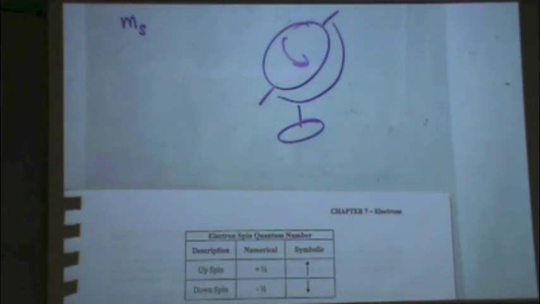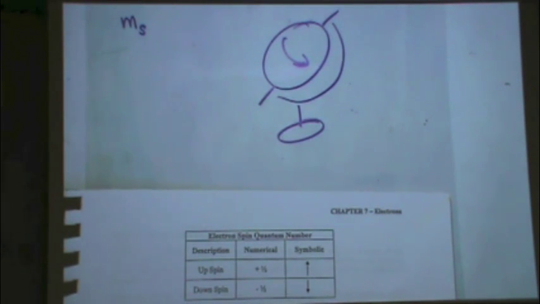So up spin is represented by an up arrow, and a down spin by a down arrow. Unlike the other quantum numbers, which seemingly have unlimited numerical values, the spin quantum number only has 2 values. It can either be plus 1/2 for up spin, or negative 1/2 for down spin. So those are the only 2 possible numbers.